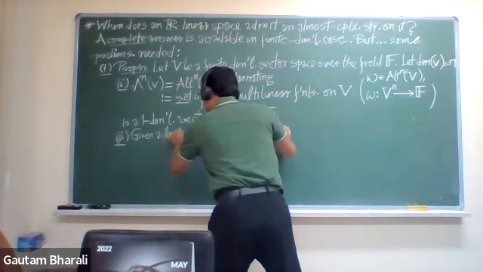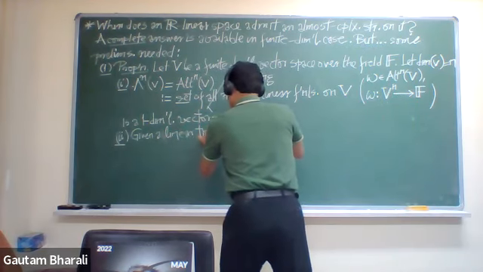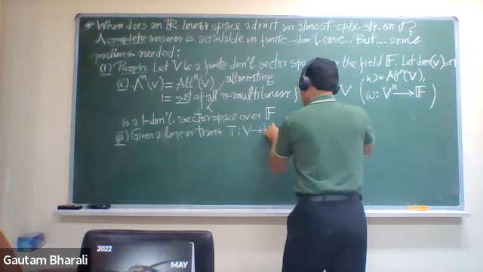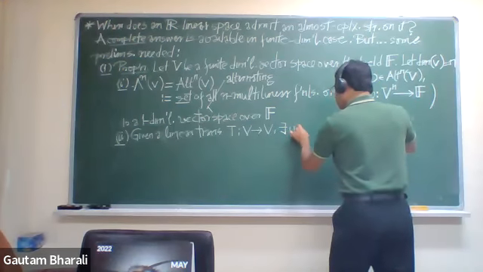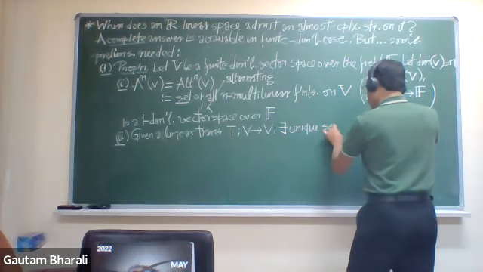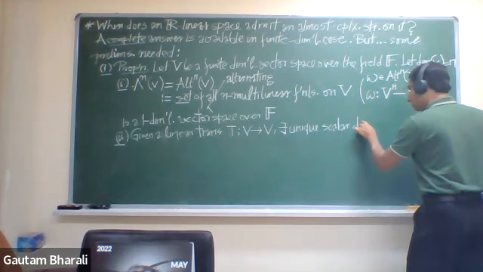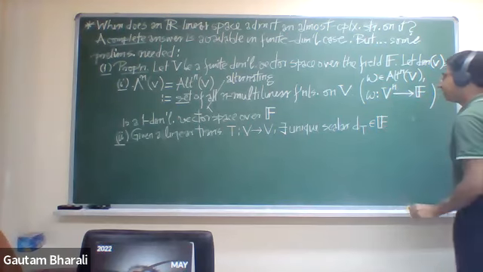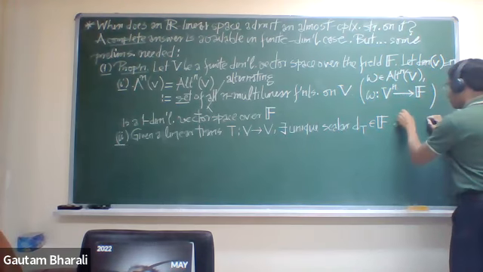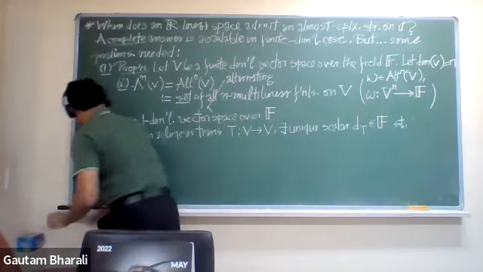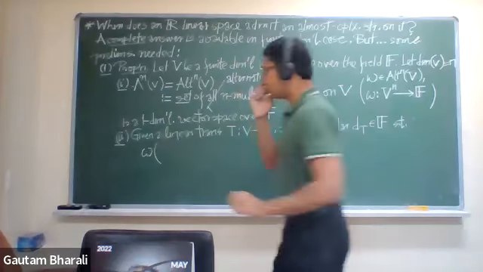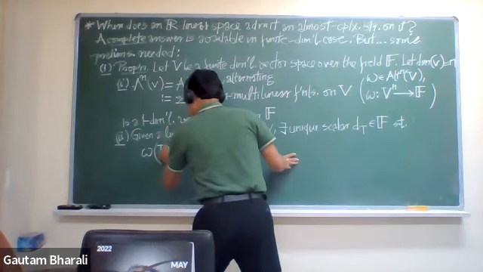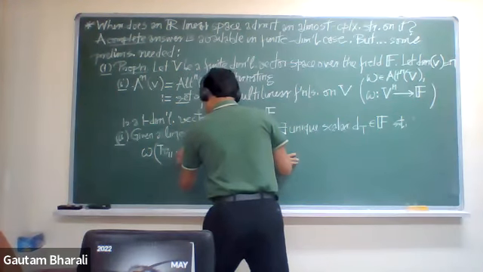Given a linear transformation T from V to itself, there exists a unique scalar d sub T. So this is a scalar determined by the linear transformation T. So this is in F, such that if I evaluate an alternating n multilinear functional, let's call it omega, on TV1, TV2, dot, dot, dot.